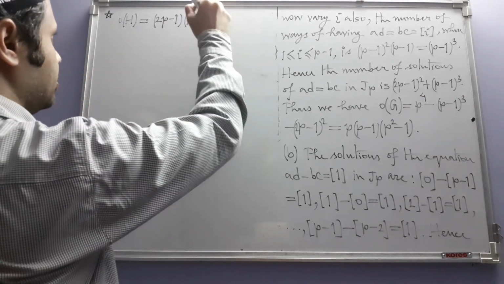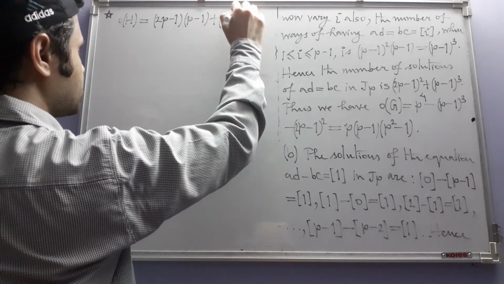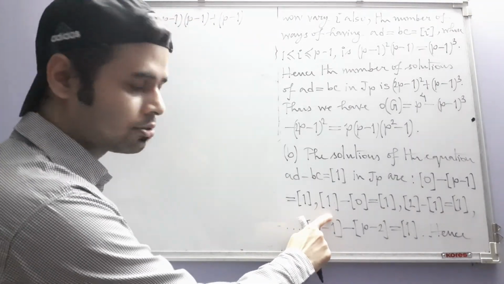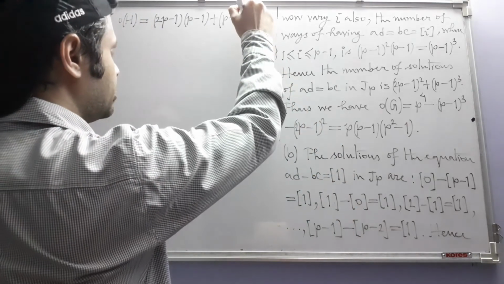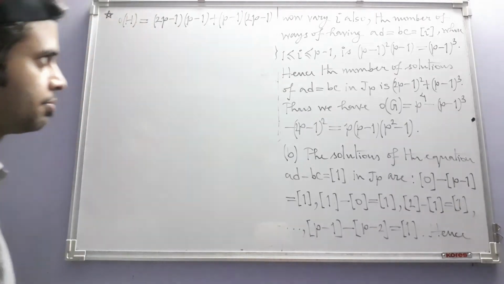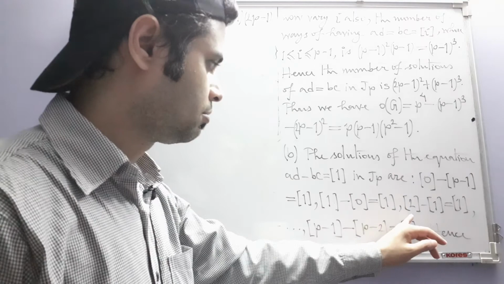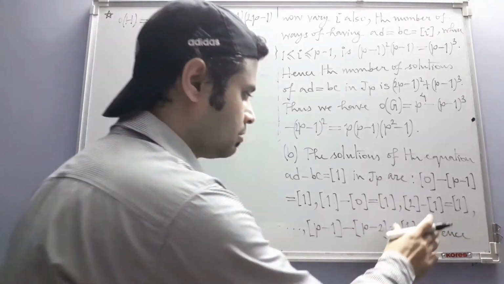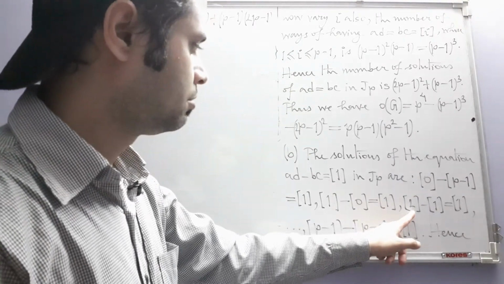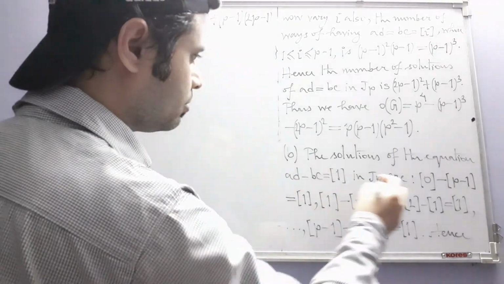Okay, let us just write so that later when we look at these videos once more, you understand. So this is the number of choices for having AD equal to 1. Then BC equal to 0, then again can be obtained in 2 times p minus 1 ways plus. Now what about the other ones? Say this one here. Now I think I have made a mistake, no?